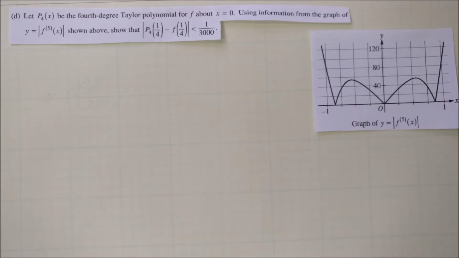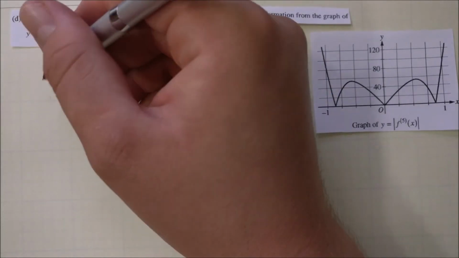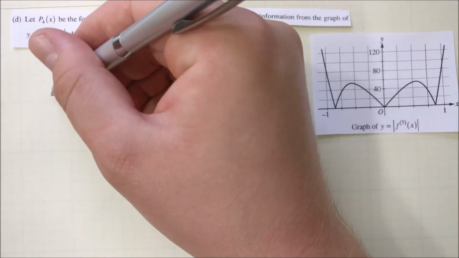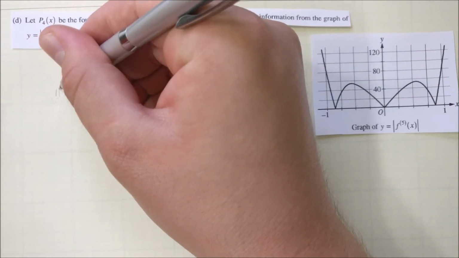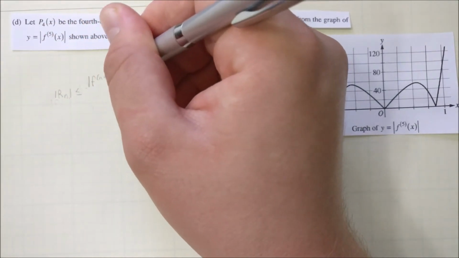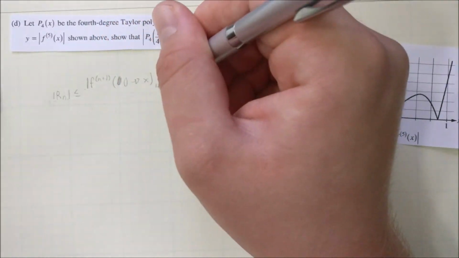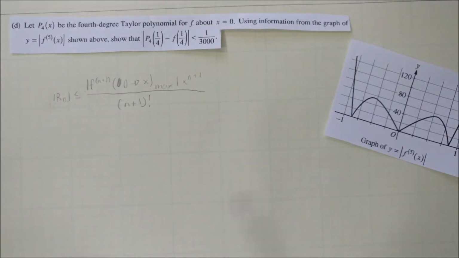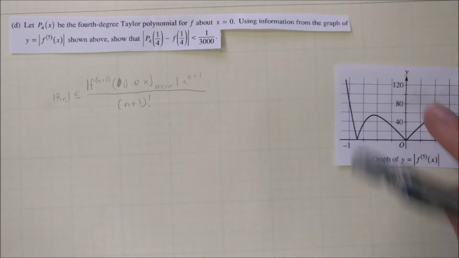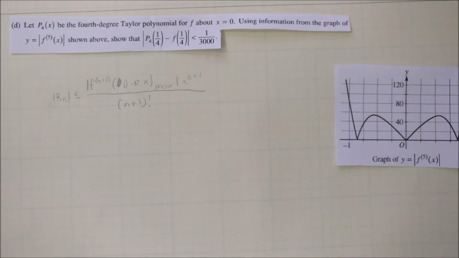This is a fairly standard case of Lagrange error. It's not that bad, you just have to know how to do it. So how do we do that? Interesting question. So first of all, we remember the Lagrange error equation. And so that's the most our error could possibly be. So the trickier part is figuring out the maximum of that derivative on that interval.